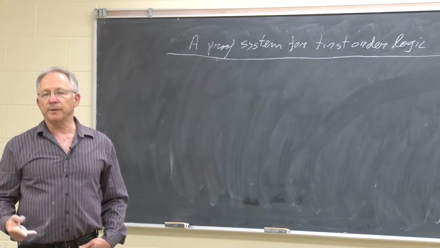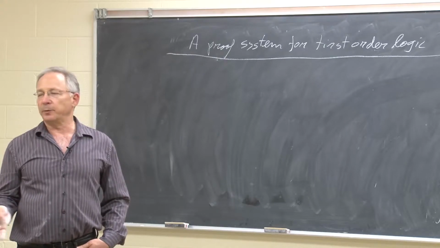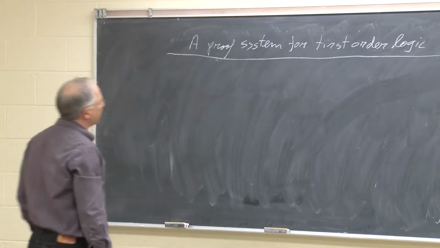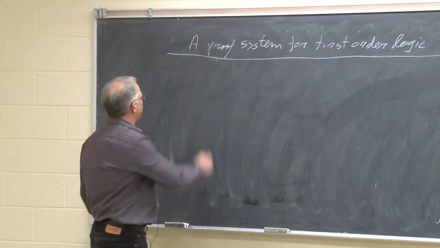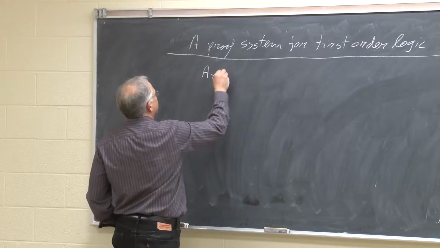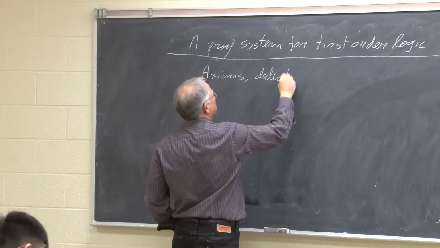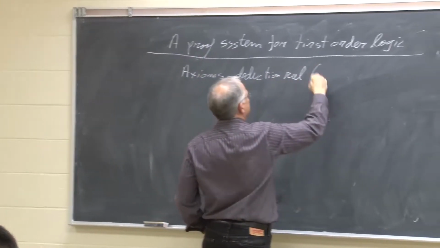We'll have axioms, and we have a deduction rule, and the deduction rule will be the same modus ponens that we've seen in propositional logic. But the axioms will be a little bit more complex. So we will have axioms and a deduction rule, which is going to be modus ponens again.